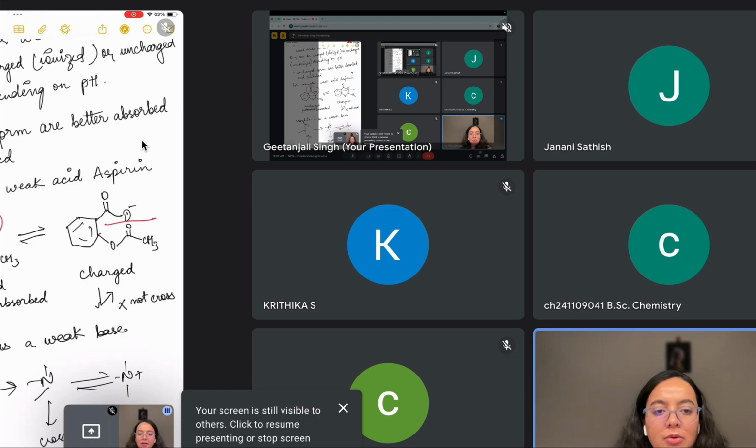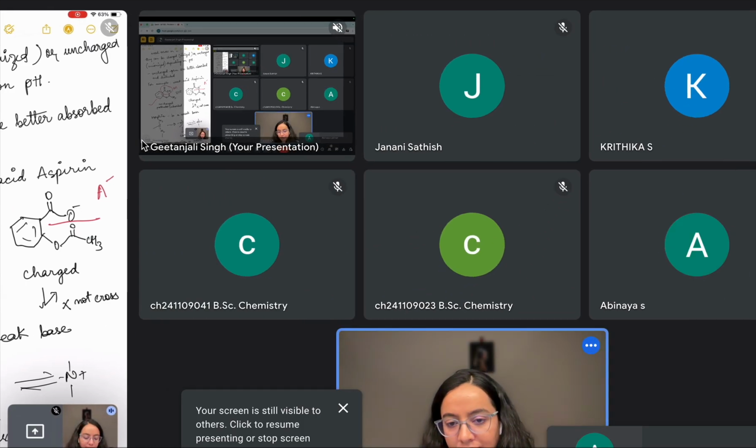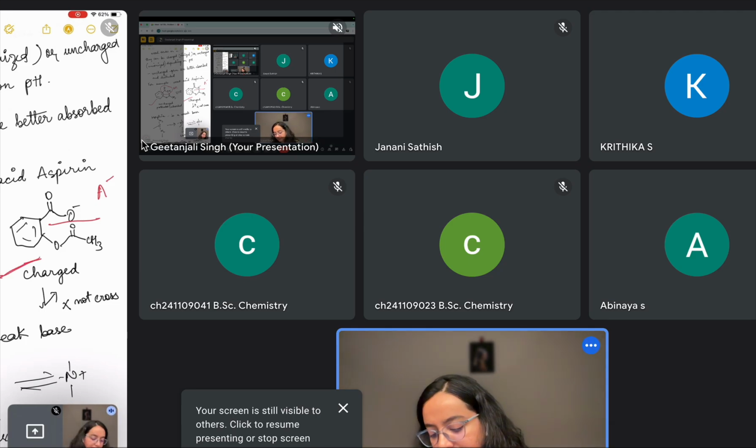So the carboxylic acid becomes carboxylate, and this is the charge. So this is A minus here, and this is AH, the protonated part. This is absorbed more easily, and this being the charged part does not get absorbed easily.